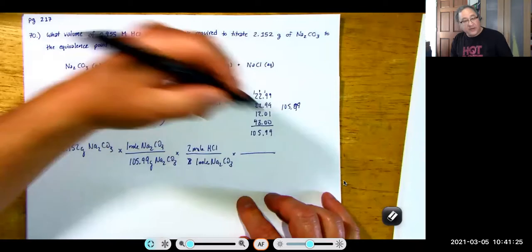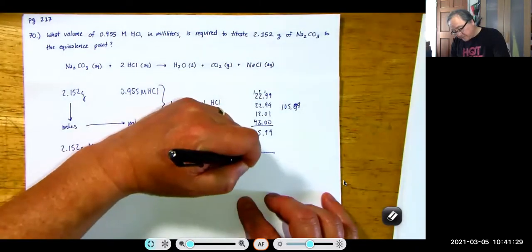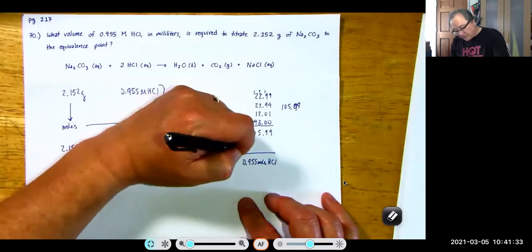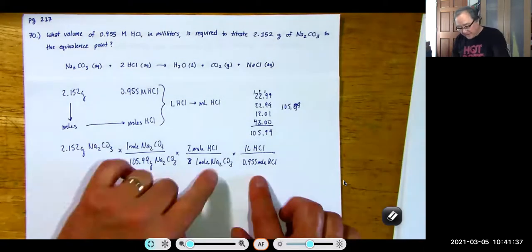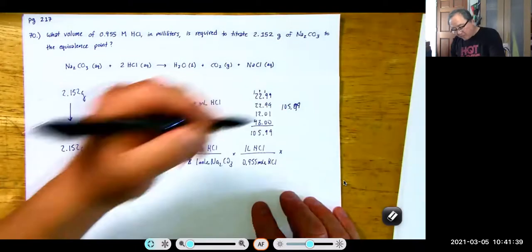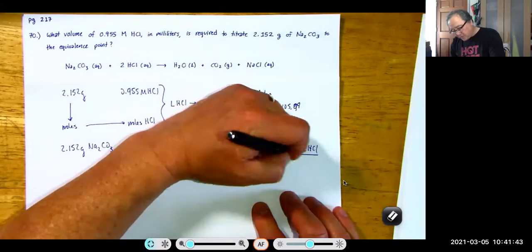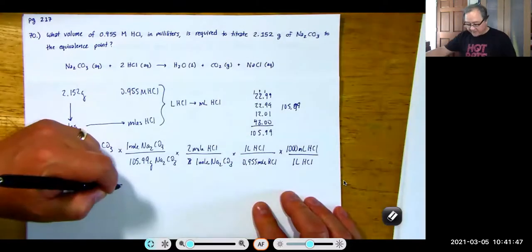And so I'm going to put the 0.955 moles on the bottom and the 1 liter on top because I need the moles to cancel. And then lastly, I'm going to write that there are 1,000 milliliters of that HCl solution per 1 liter of HCl solution. So I have everything set up.